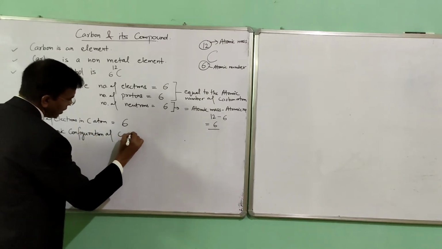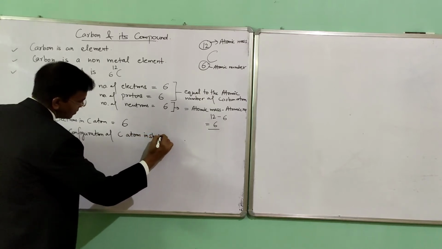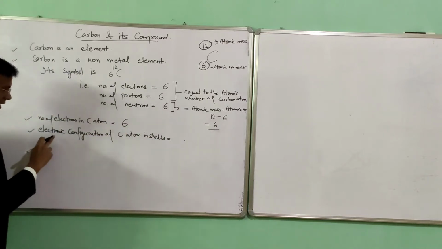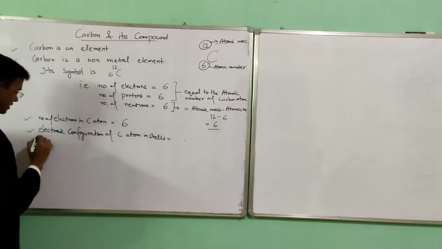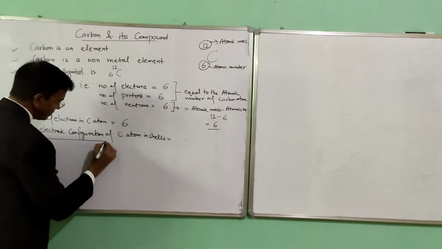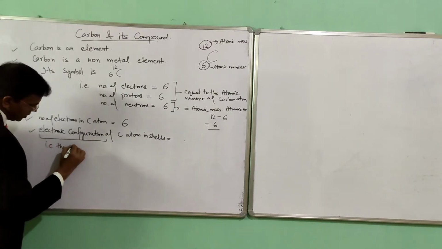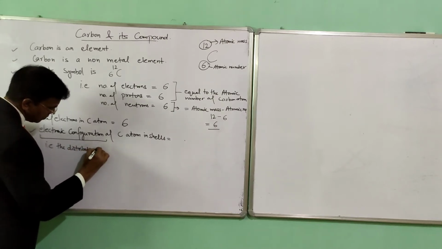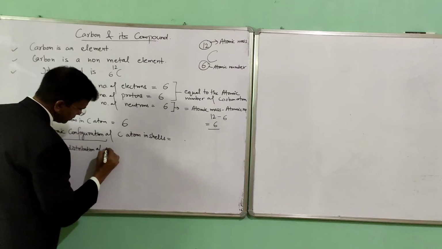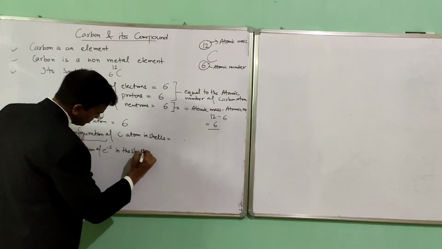Electronic configuration means the distribution of electrons in the shells.